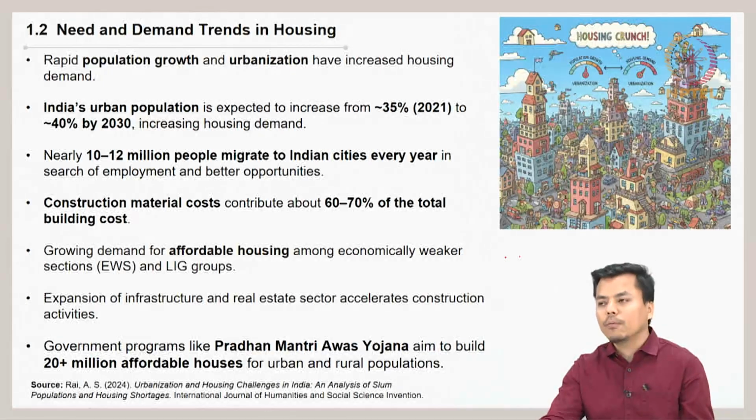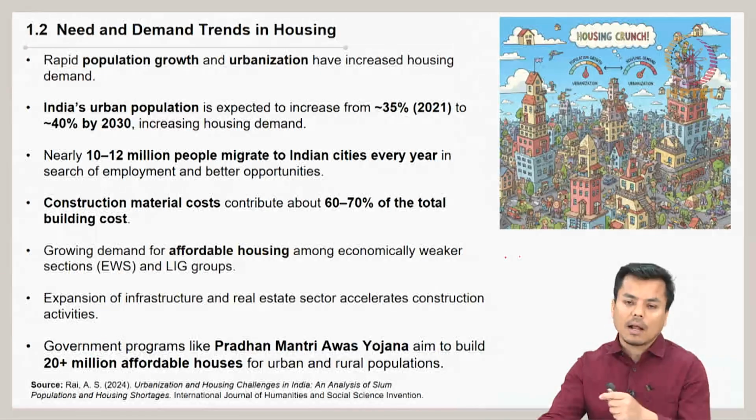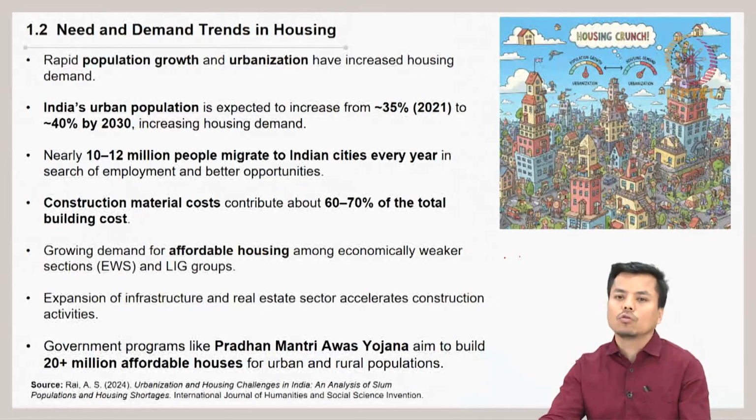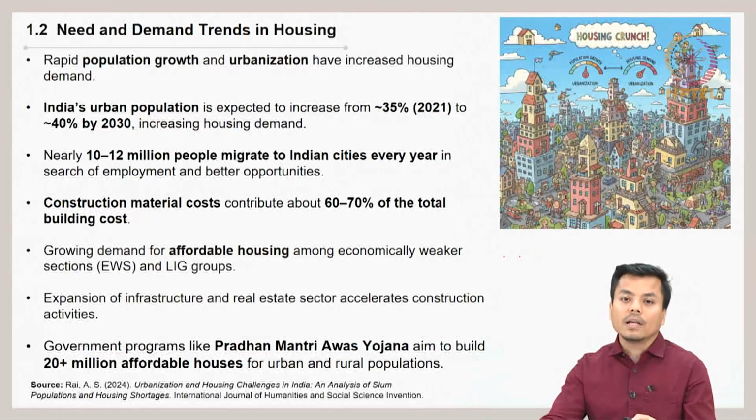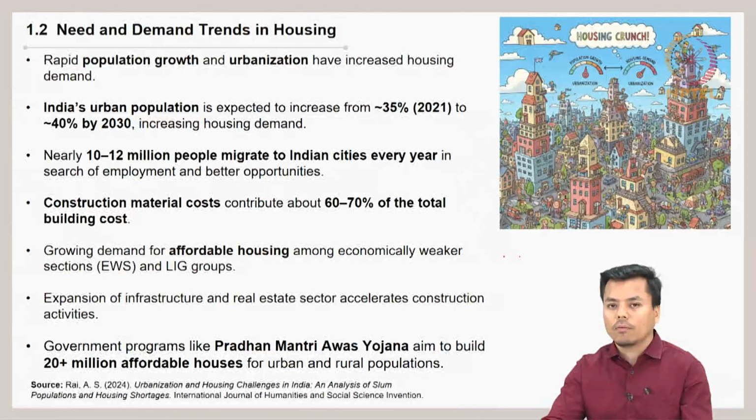If you try to see the classification of the population coming to these bigger towns, it is majorly the lower middle class, or LIG people, who are coming to these towns in search of good education, good health care, and good facilities and services. So for them it is very difficult to afford a building for residence, or at least for staying for a certain amount of time.